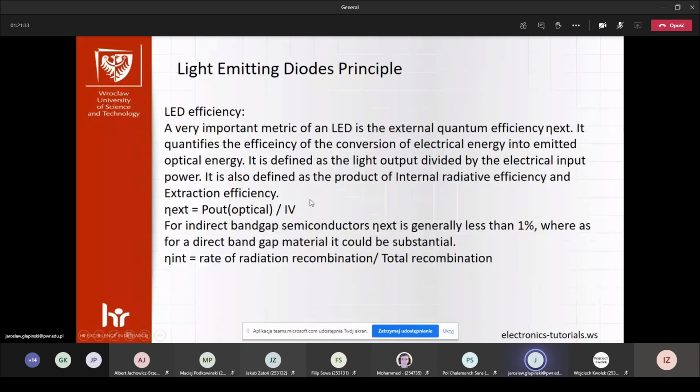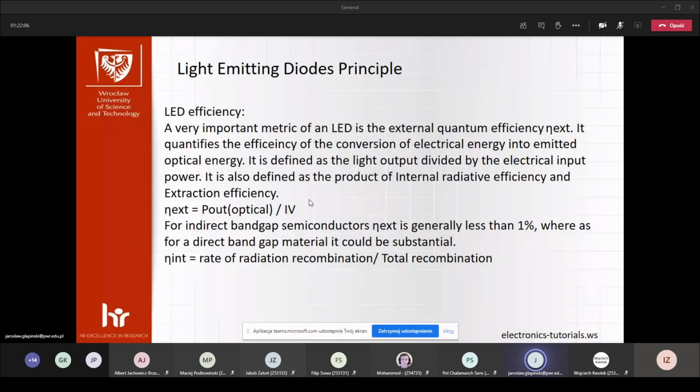Of course, we can talk about the efficiency of light, because not all of the energy we put into the element moves to the light emission. We've got some heating, we've got some resonance. Some of them produce an electromagnetic field that we do not see, so it's outside of our vision.